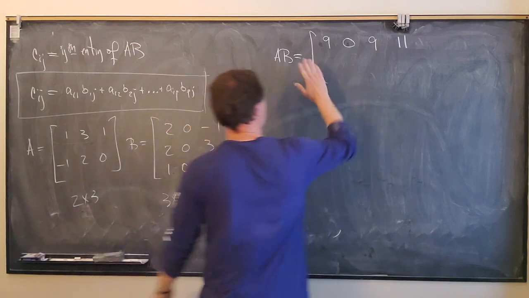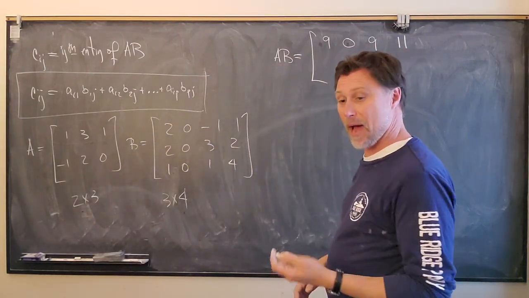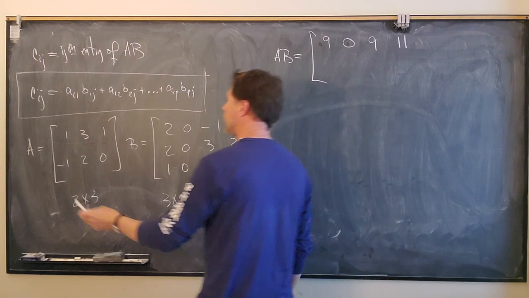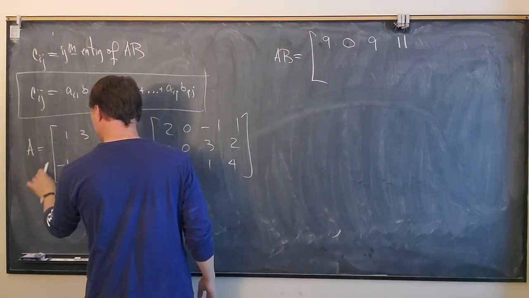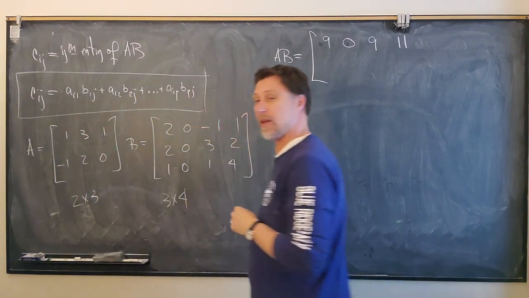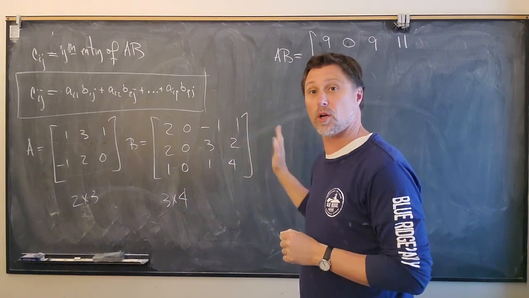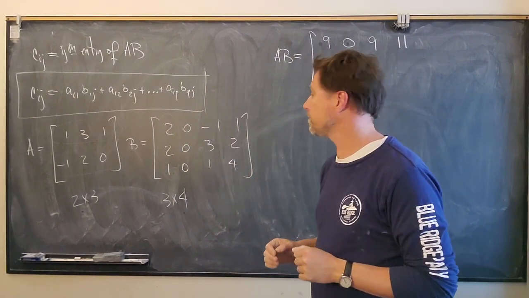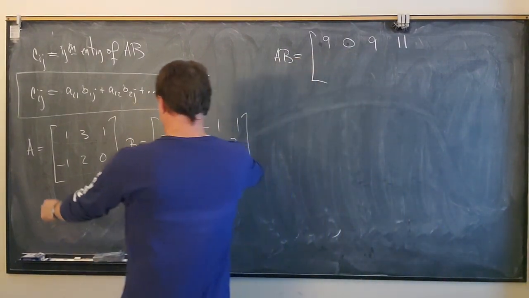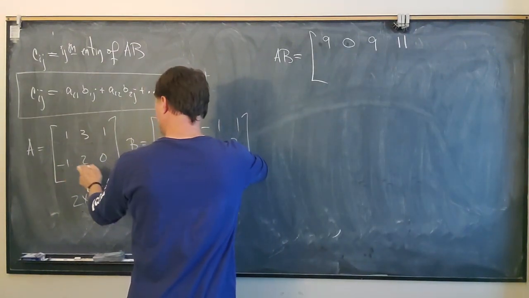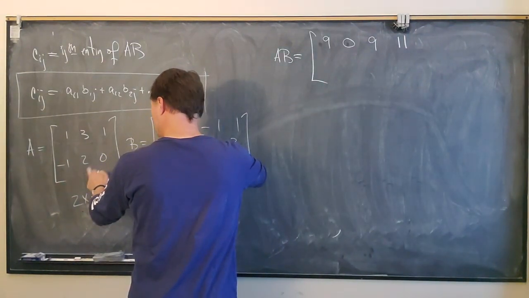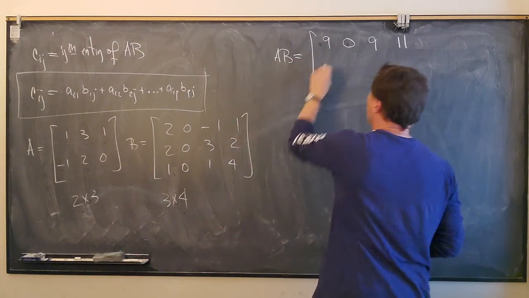All right, that gives us the first row of A times B. Now we need the second row. So what I'm going to do now is the same process, but I'm going to use the second row of capital A. I'm going to dot it with each of the columns of capital B. So we'll have minus 2 plus 2 is 0, plus 0 gives me 0.